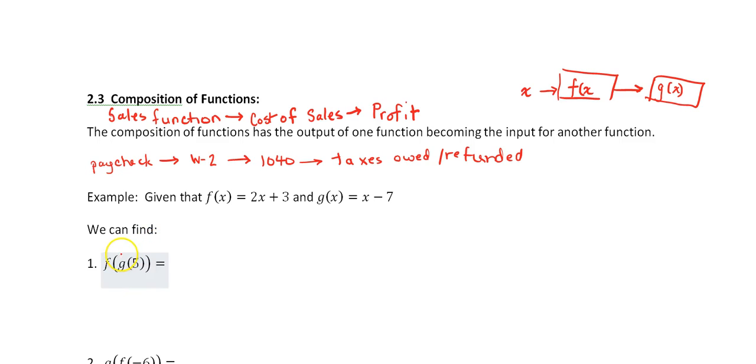So anyway, I wanted to get started on this. My f of g of x, if you take a look, I start with the x value and I work my way out. So in this case, we're told that we have an x of 5, and we need to start with our g of 5. So I'm going to do this like as a chain, right? I'm going to do my first link, and then I'm going to use that information to give me my next link. So I have 5 minus 7, that's my g of 5.